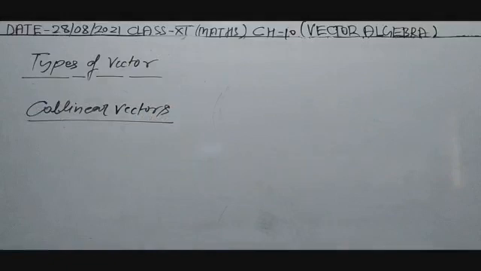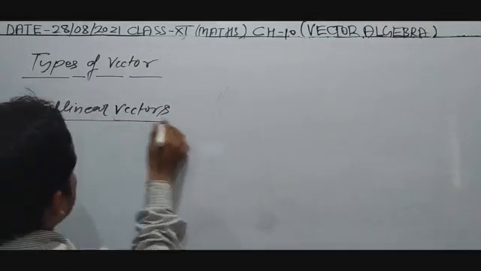What is collinear vectors? Collinear means having the same line.